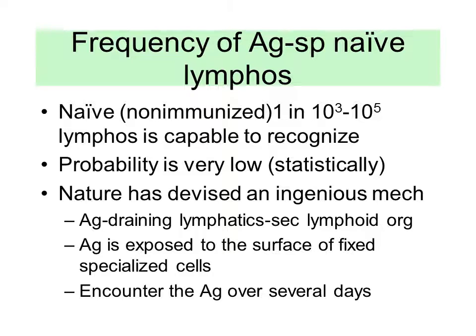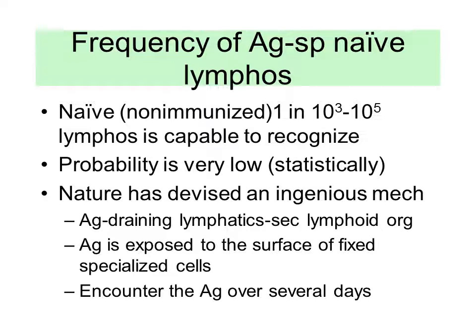But that's how prepared our immune system is. So chances are that most of the time these lymphocytes are naive. This means they haven't seen you before. If they have seen you, they will respond differently because they have the data.